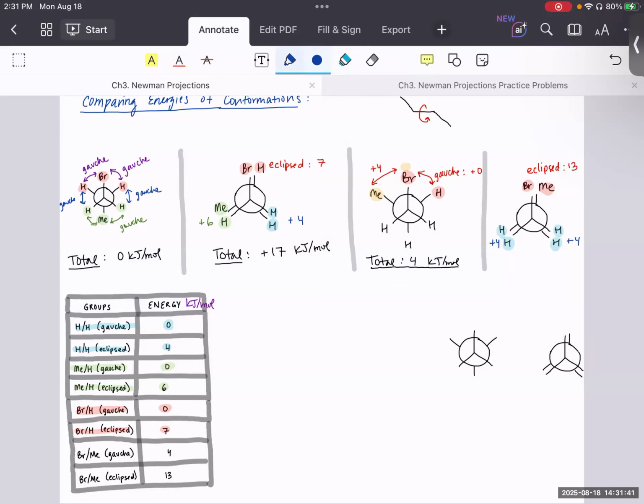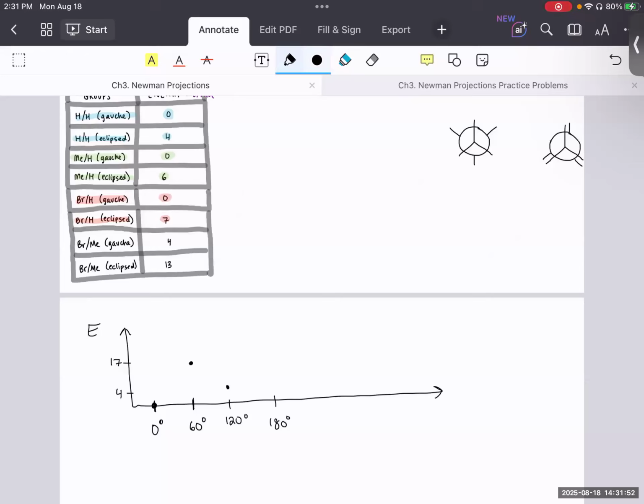And so the total across all of these interactions is going to be 21. So we can see that this state is much higher than that previous one, and we get our highest energy that we've gotten so far up here.